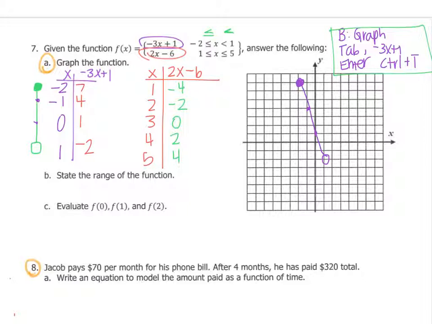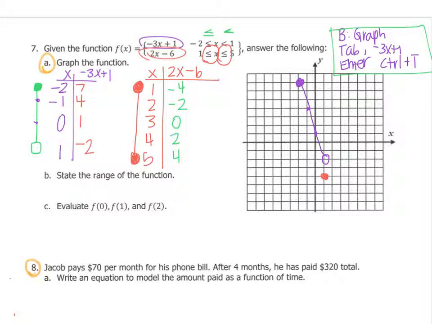Now the next step again is to look back at our original problem. I see both less than or equal to symbols at +1 and +5 for x's. Less than or equal to means closed circles on both. And then we're plotting those points. +1, -4.